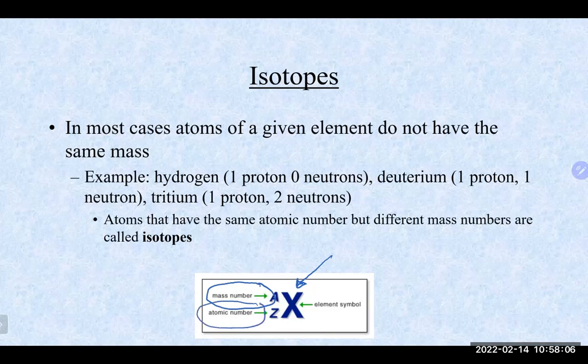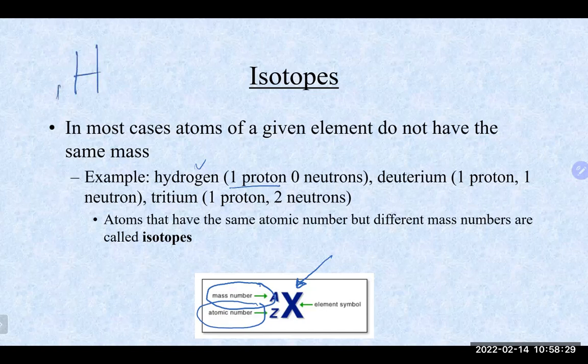So if we were to write our symbols for each of those isotopes of hydrogen, we would start with hydrogen here, which has 1 proton. By the way, if you weren't sure what hydrogen's symbol is, you can go to the periodic table and look at number 1, right? And that is the atomic number, which is the number of protons. And that would tell you that it should be hydrogen.